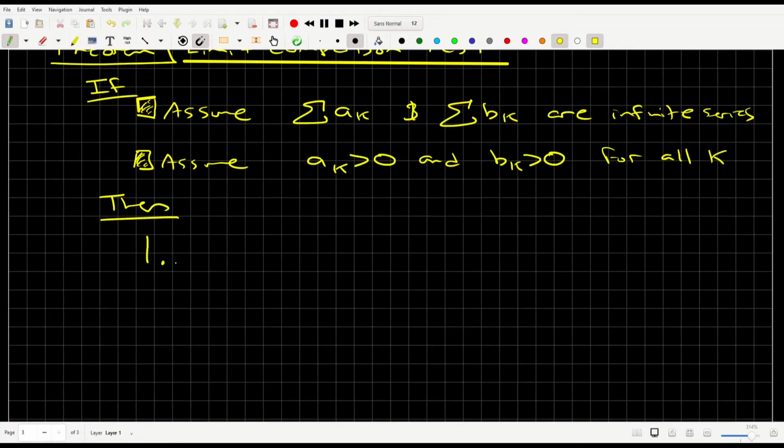And this is where we have a slightly different scenario than the limit comparison theorem for improper integrals. We can actually say a little bit more with the limit comparison test for infinite series. The first result of this theorem is the same as the limit comparison theorem for improper integrals.